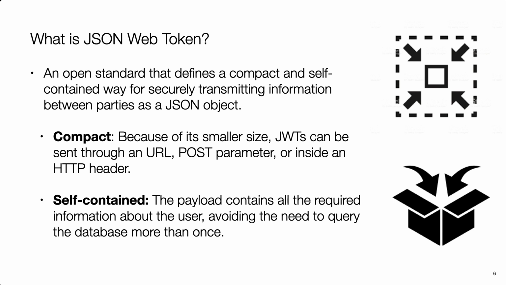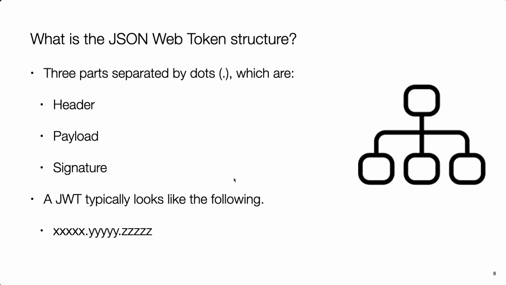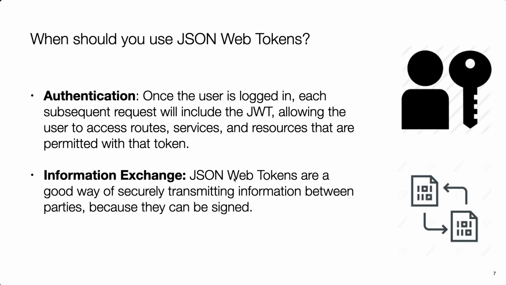And the JWT standard defines what should be in the token, how we would create it, structure it, how it would expire, how it would provide various useful information in the context of a web application. So it should be compact and self-contained. And we use it in the context of authentication, but also possibly information exchange.